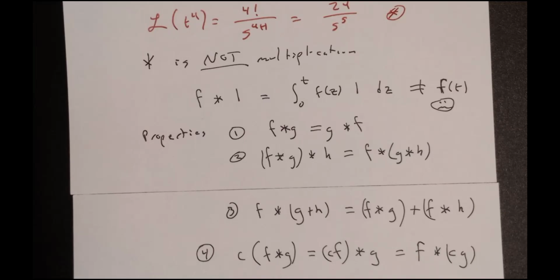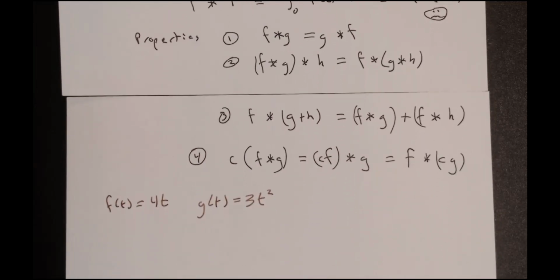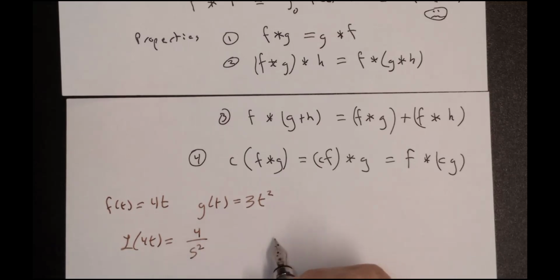We started that problem with f of t equal to 4t and g of t equal to 3t squared. What is the Laplace transform of 4t?